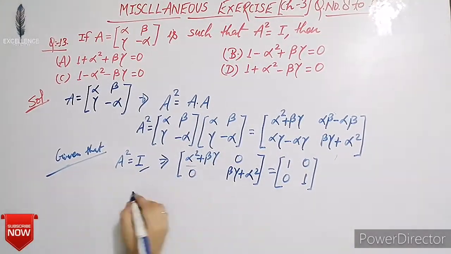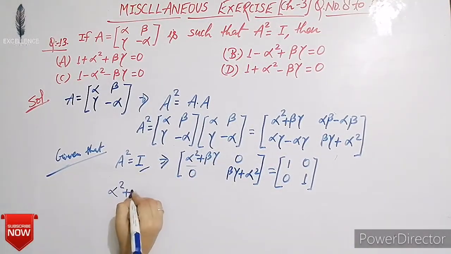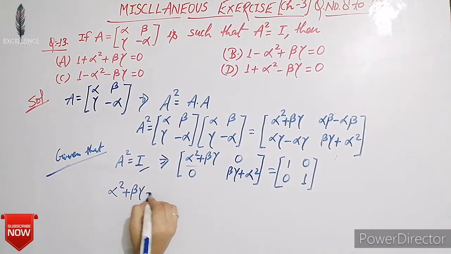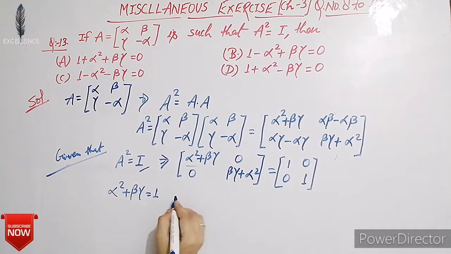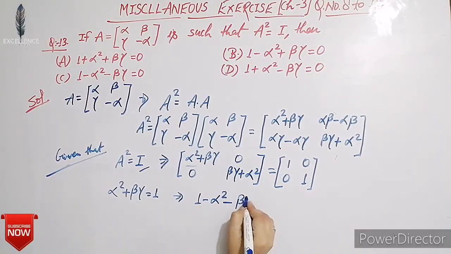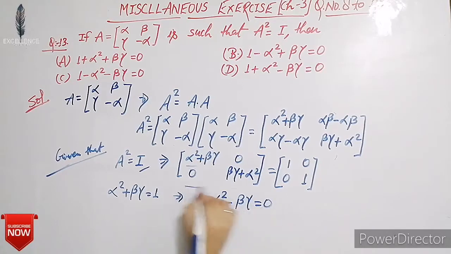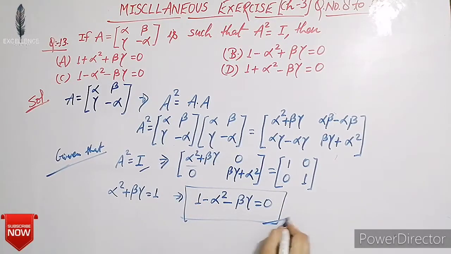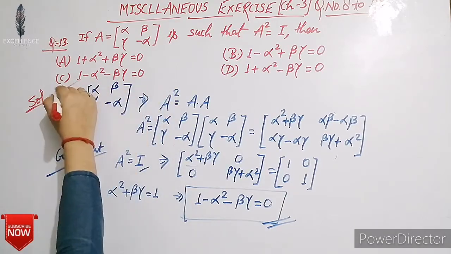Now equating the corresponding elements, we have alpha square plus beta gamma is equal to 1. That gives 1 minus alpha square minus beta gamma equals 0. So here option C is the correct answer.